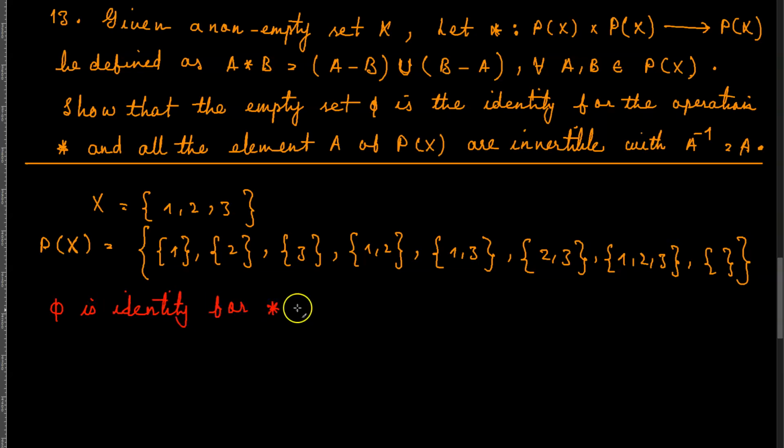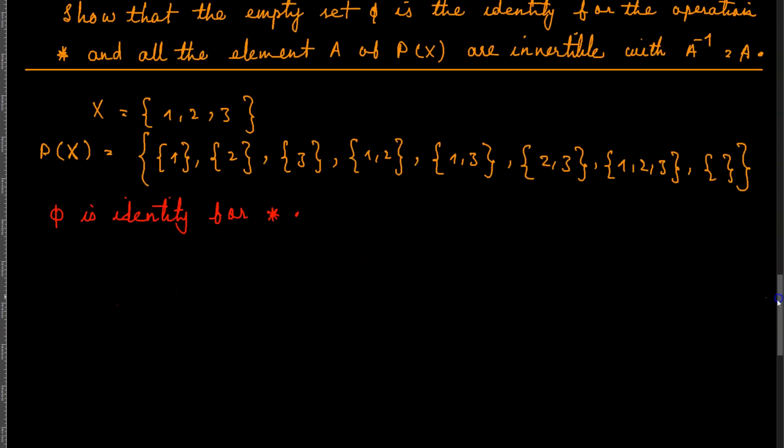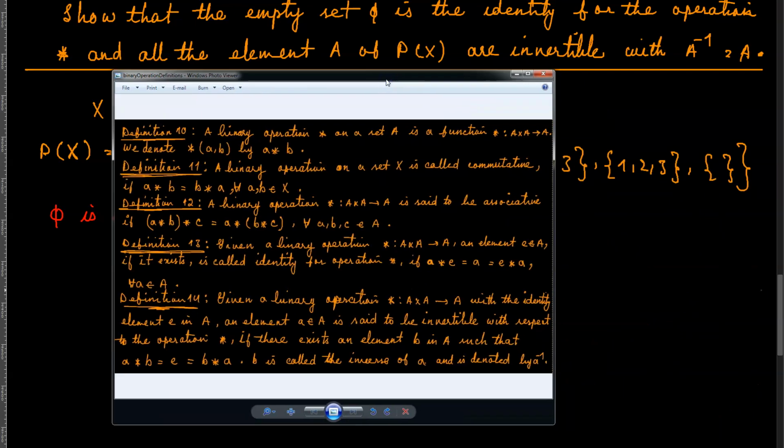As a definition, we said that given a binary operation star on a set A, an element E belonging to A, if it exists, is called the identity for operation star if A star E is equal to E star A is equal to A, for all A belonging to A.